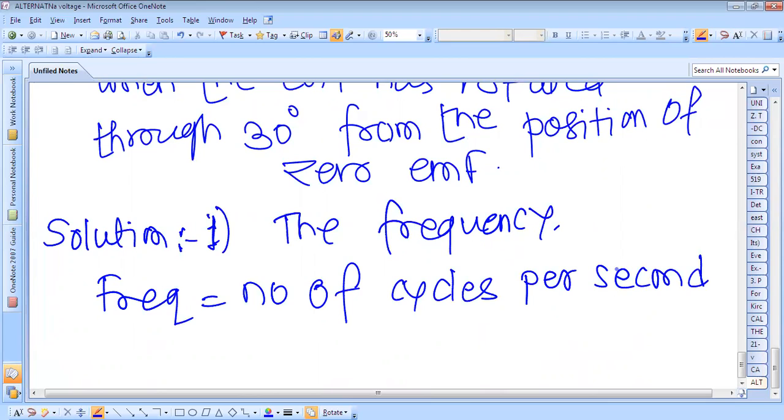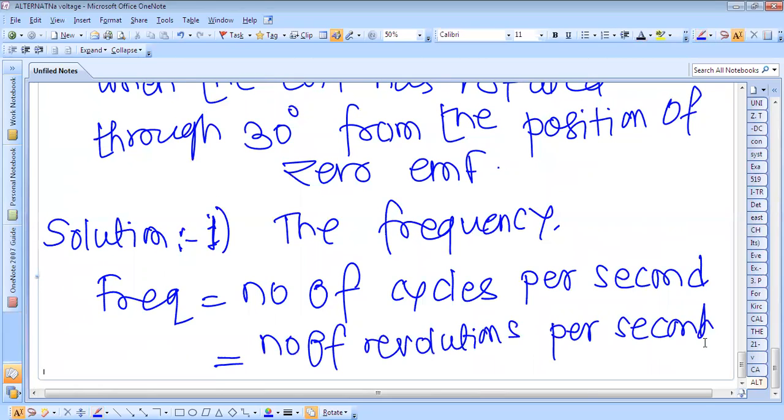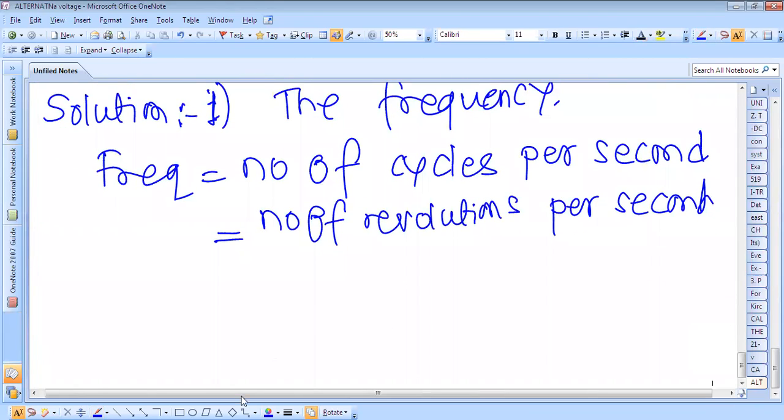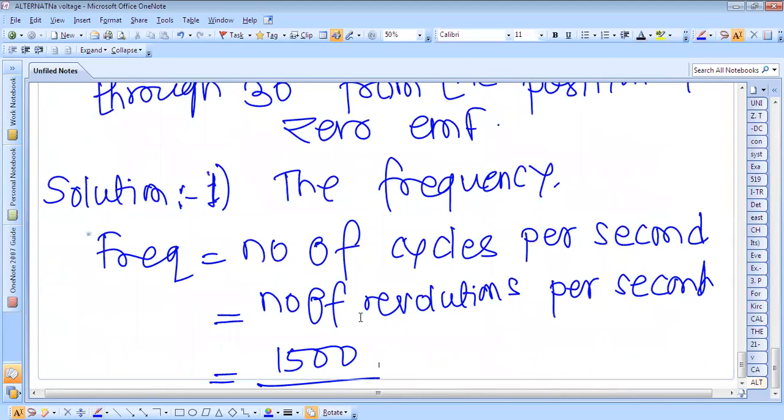In the example, the number of revolutions is given, 1500 per minute. Cycles are nothing but revolutions.